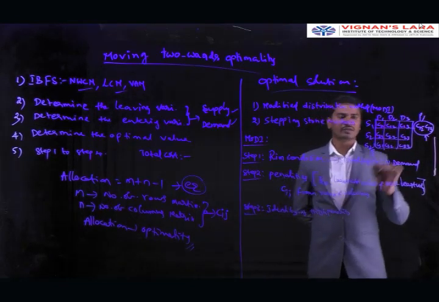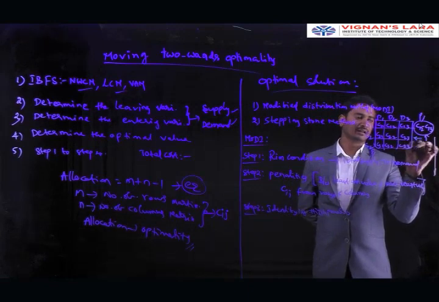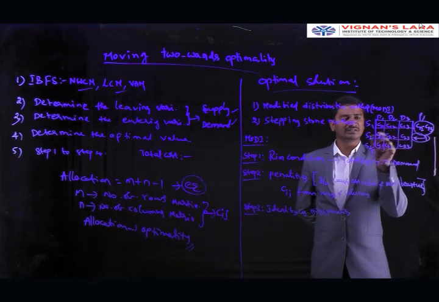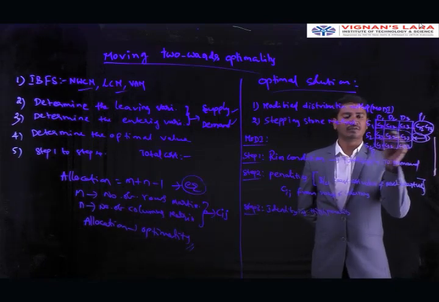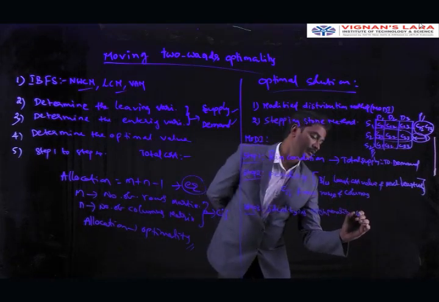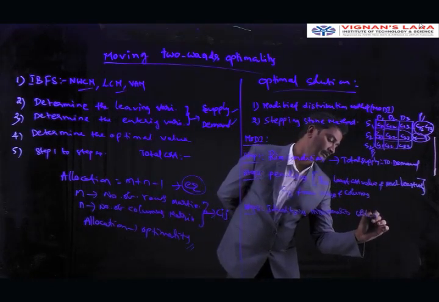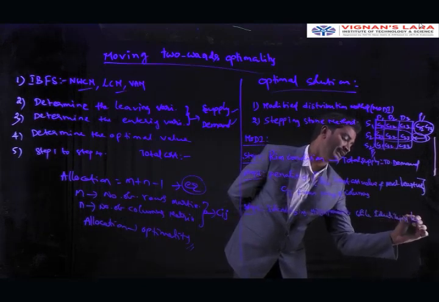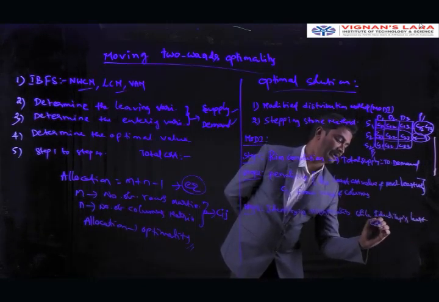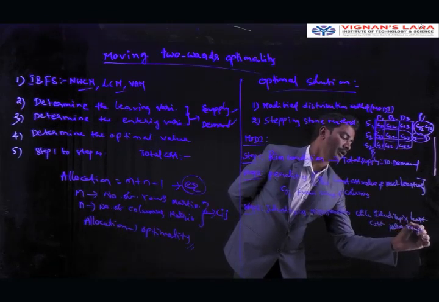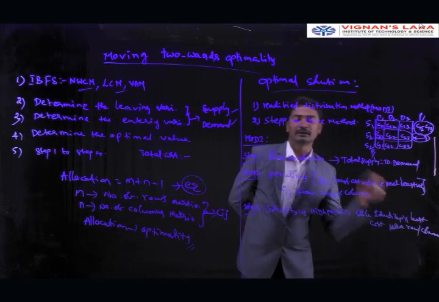Suppose we have the highest value at this particular row, then we check which cost is the least in this row. That one we have to identify: the least cost value at that particular row or column.